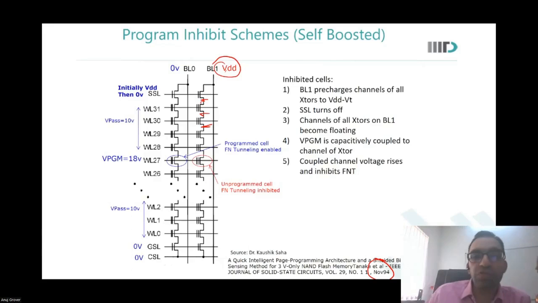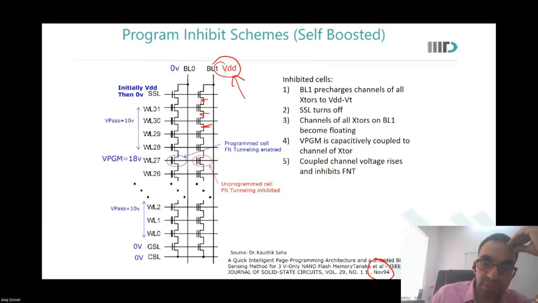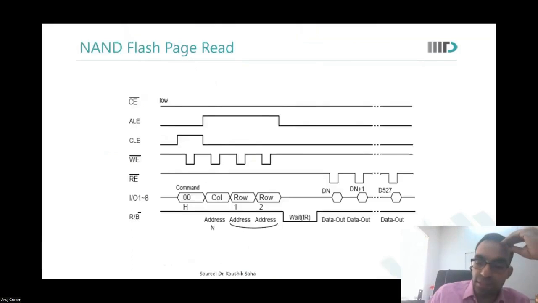Instead of using a different VDD, with some constraints, you are actually ensuring that this particular cell is not programmed, that this VDD is such that you do not program this. Is that okay?